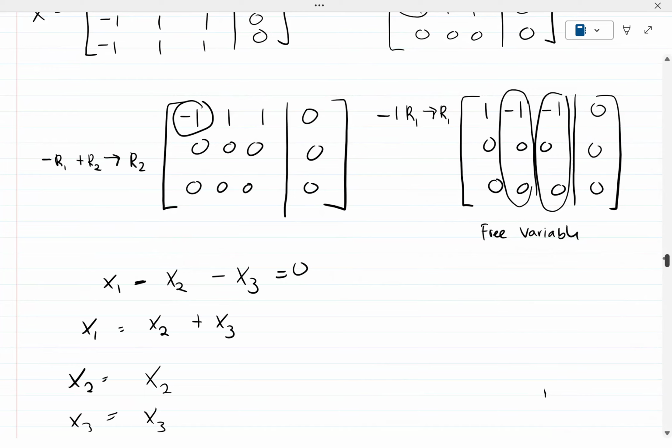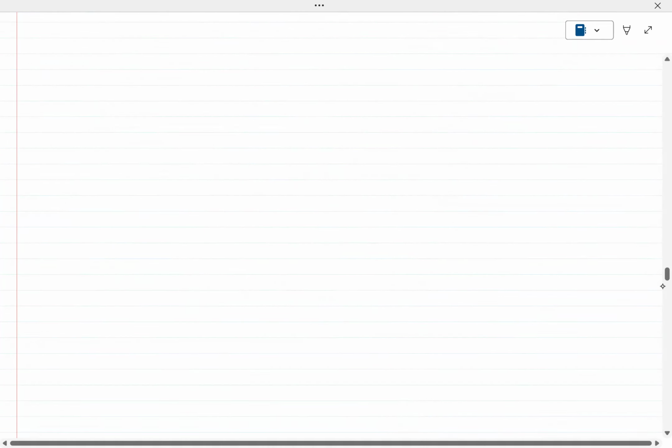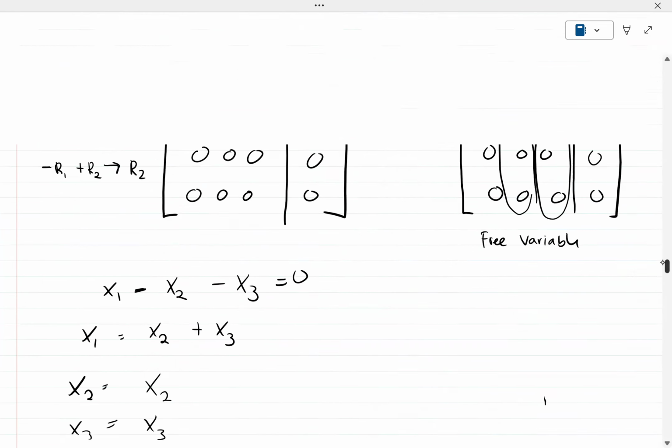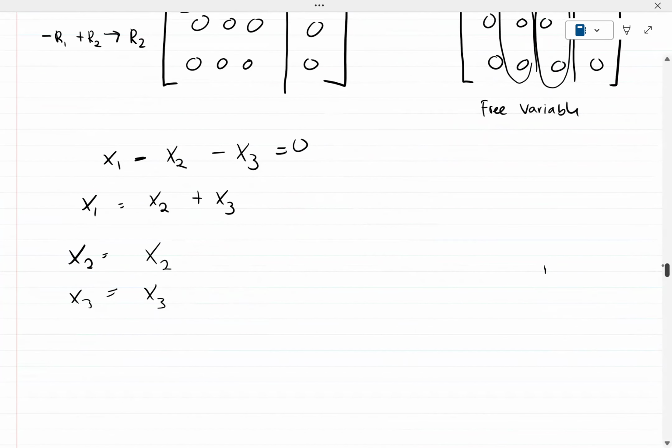So x1 equals x subscript 2 plus x subscript 3, x2 is x subscript 2, and x3 is x subscript 3. Our goal is to find the eigenvectors, or the basis for the eigenspace.